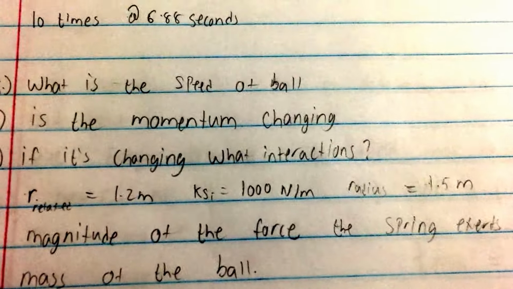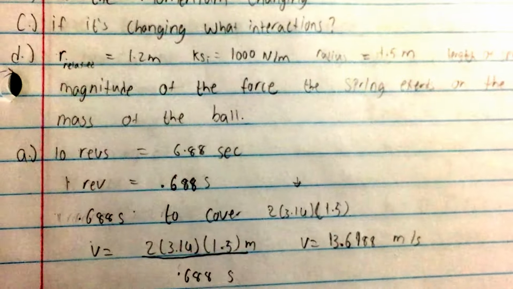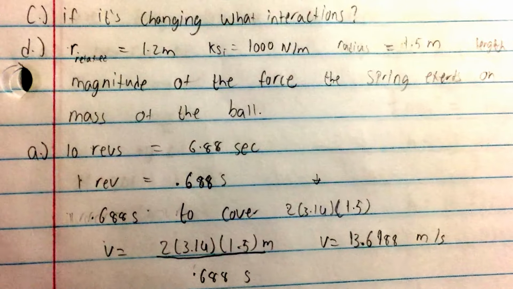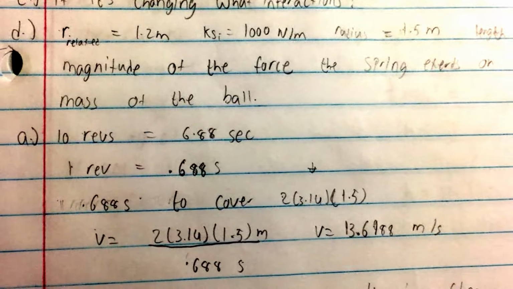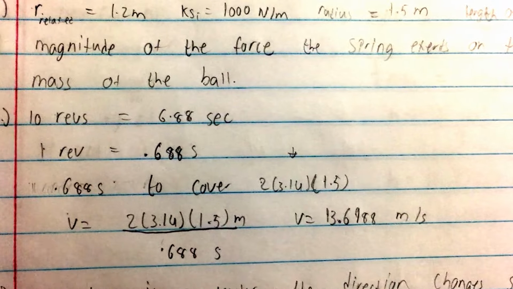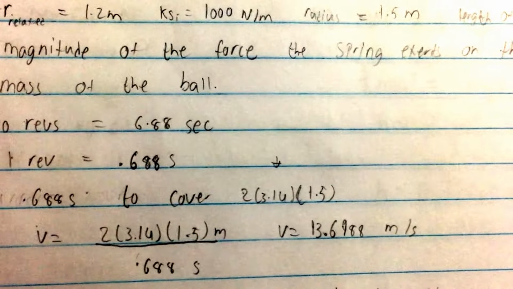So the first part: what is the speed of the ball? They said for 10 revolutions, it took 6.88 seconds. So we first solve for one revolution, which takes 0.688 seconds. Now we convert the revolution to distance, which is 2 pi r, since the radius was given.